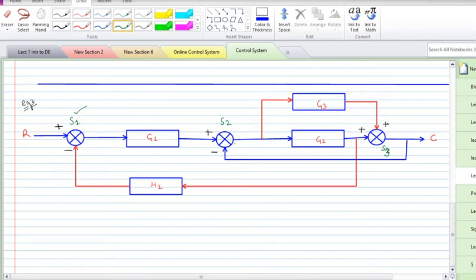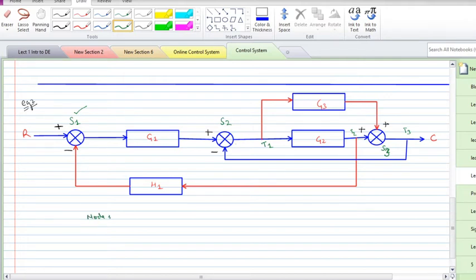You can join these two points, because this is your takeoff point after the summing point, so you can join these summing points and takeoff points and consider them as a single node. Let us suppose that this takeoff point is T1, this takeoff point is T2 and this takeoff point is T3.